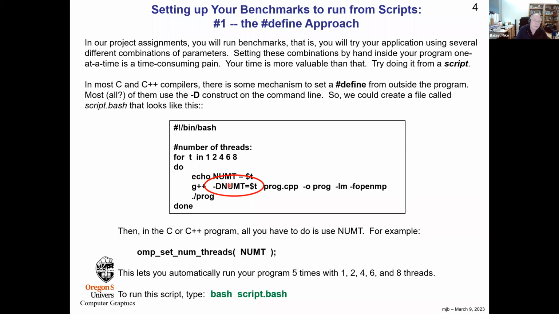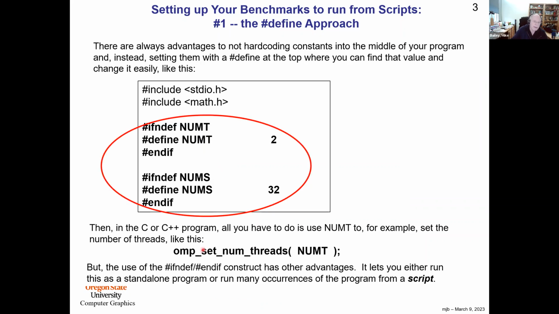Okay, so this is a bash script in which we are looping through 1, 2, 4, 6, or 8 as our number of threads to use. And here we're going to compile the number of threads right into the program as numt, which means back here, when it gets to this, it will not do this pound define because, well, numt was already defined.